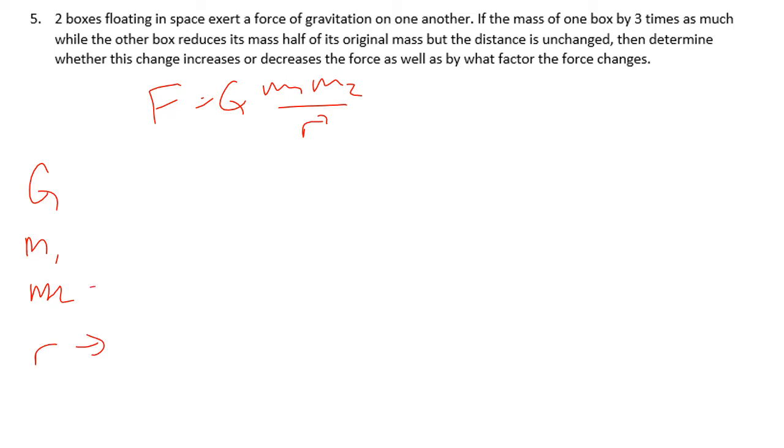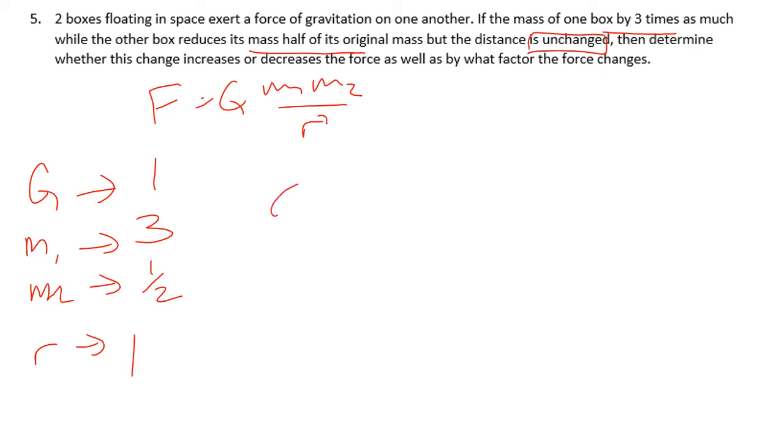We already know that the rule of 1 states they should be 1, but we're measuring how everything has been altered. Once again, G is a constant. It stays a 1 always. The first mass increased by 3 times as much, while the second reduces its mass to half its original size. So that's going to literally be 1/2. So we've got m1 increasing and m2 decreasing, so you can't really make a prediction yet. It tells us the distance is unchanged. Remember, if something doesn't change, it stays a 1.